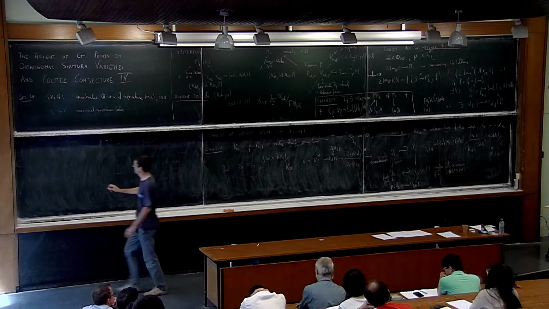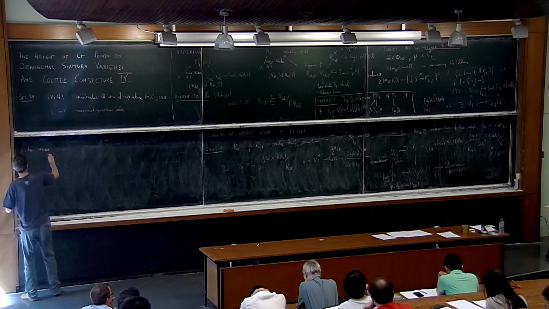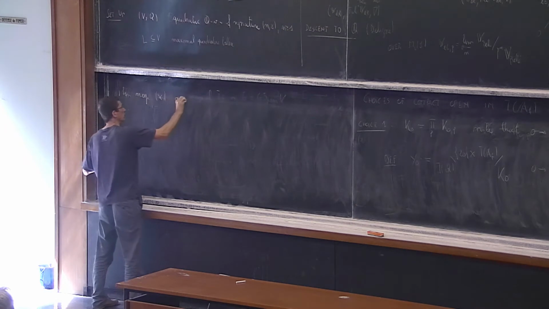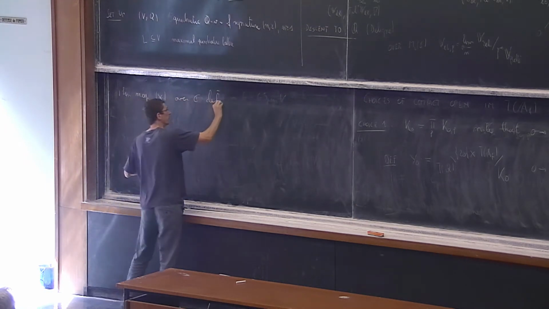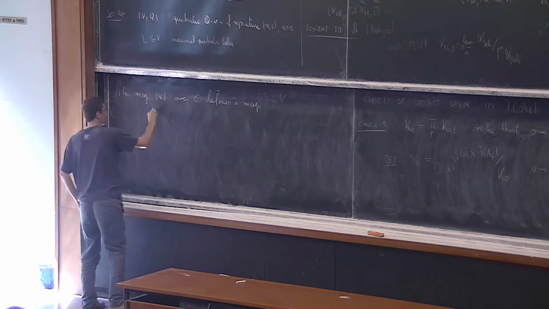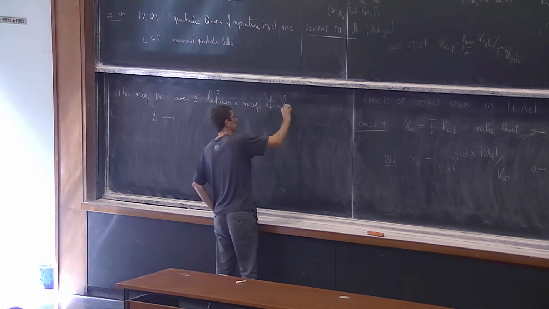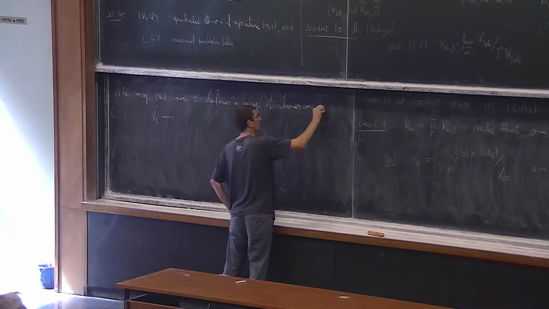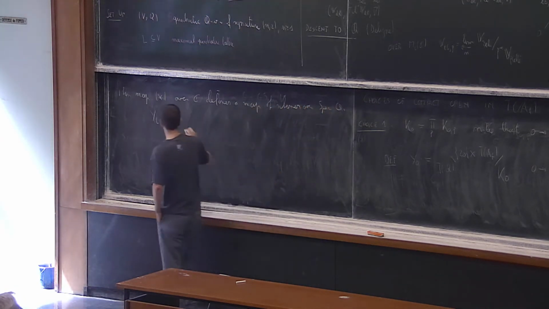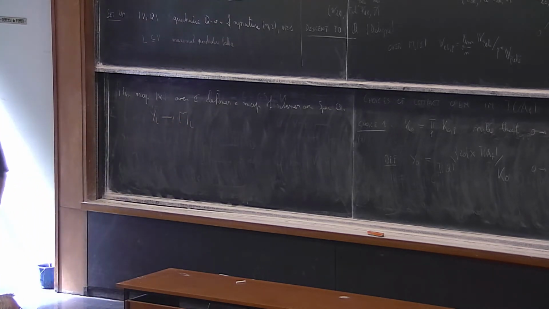So the map over C defines a map of schemes over Spec Q from YL to ML, okay?